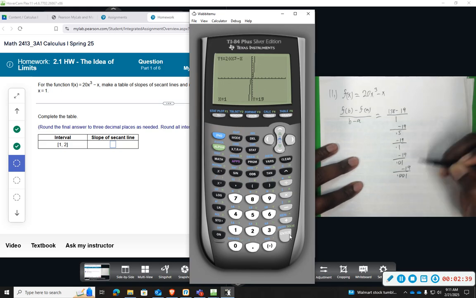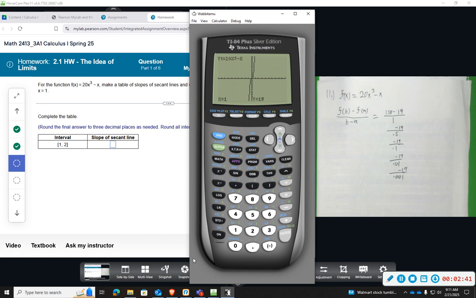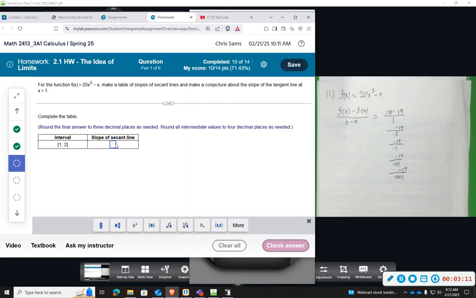That is the going pattern that we've seen. So if I do 158 minus 19, that should give us 139. So we divide by 1, we get 139, it's positive.